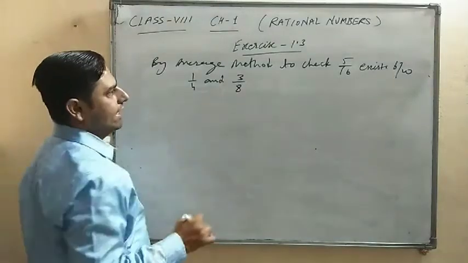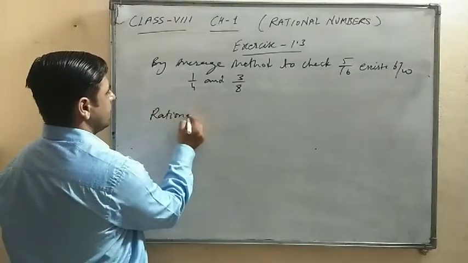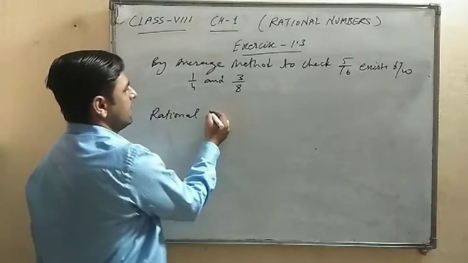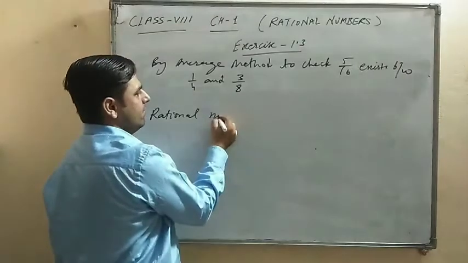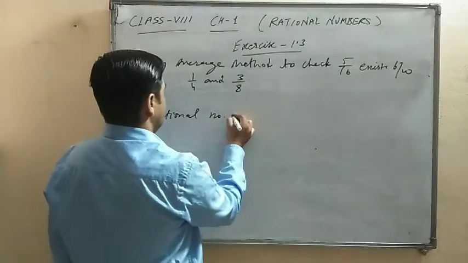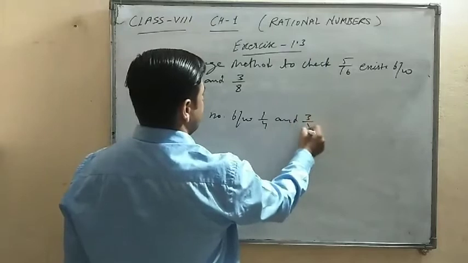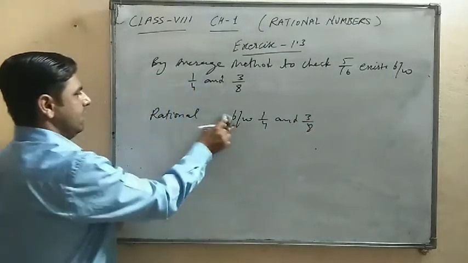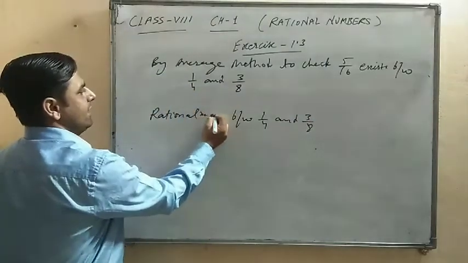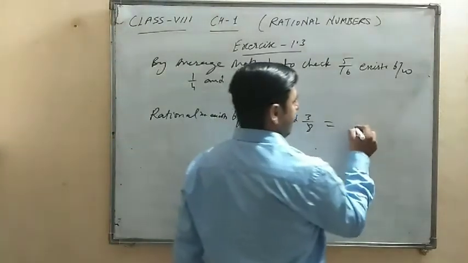So how can we check it? So you know rational numbers exist between, so rational numbers between 1 by 4 and 3 by 8. Rational number exist between 1 by 4 and 3 by 8 by average method.